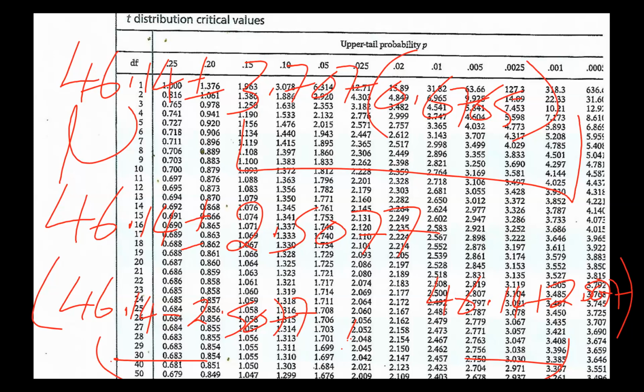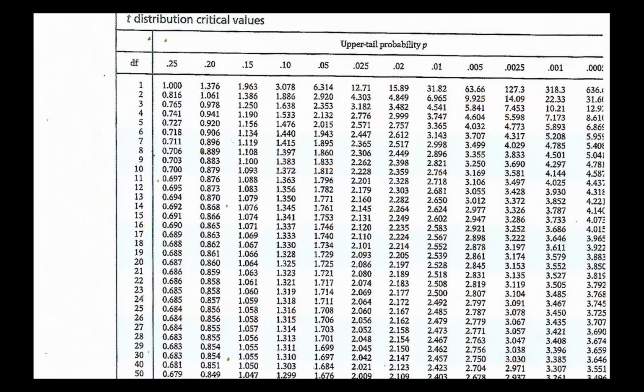Any question? So how do I tell if it's within the range? Let's assume, because in your question they didn't give mu, that mu, which is the mean from the population, is 55 in this case.